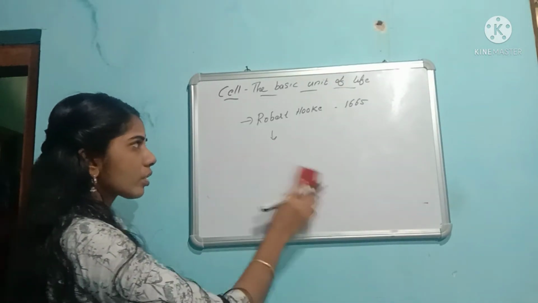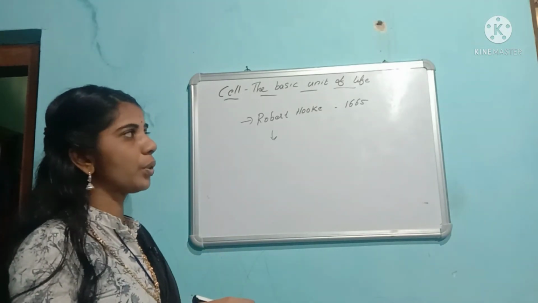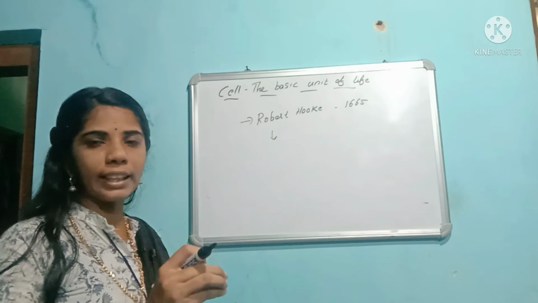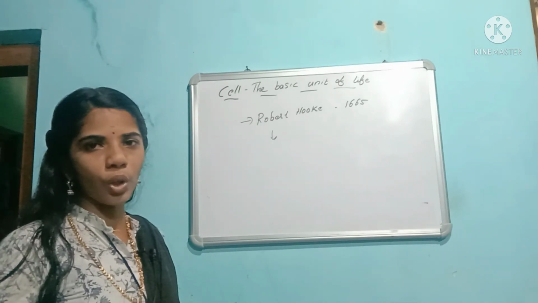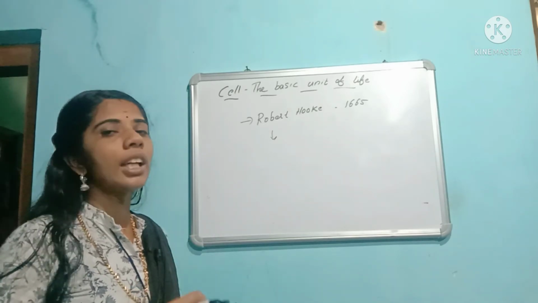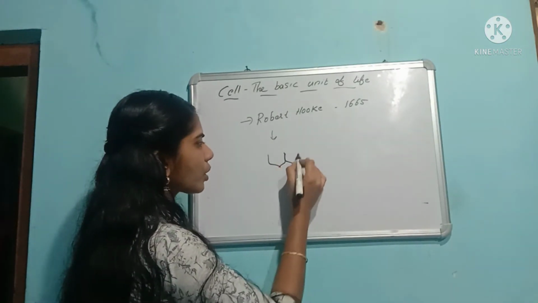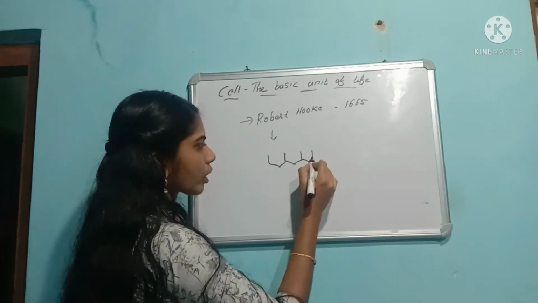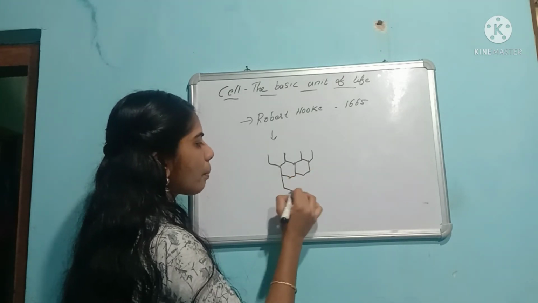Robert Hooke collected some cells from the plant and observed them under the simple magnifying device. He found some small cavities, small room-like structures, under the microscope.